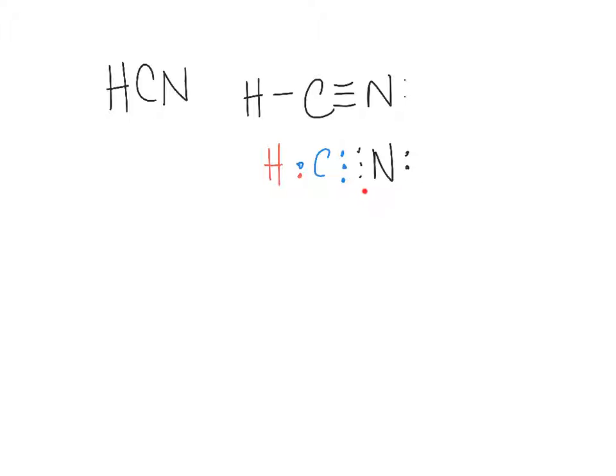So 2 and 6 more, it's surrounded by 8. Nitrogen wants how many? 8. So 6 and 2 is 8. So this is why nitrogen and carbon are going to make a triple bond, so that they complete their octet. Okay.